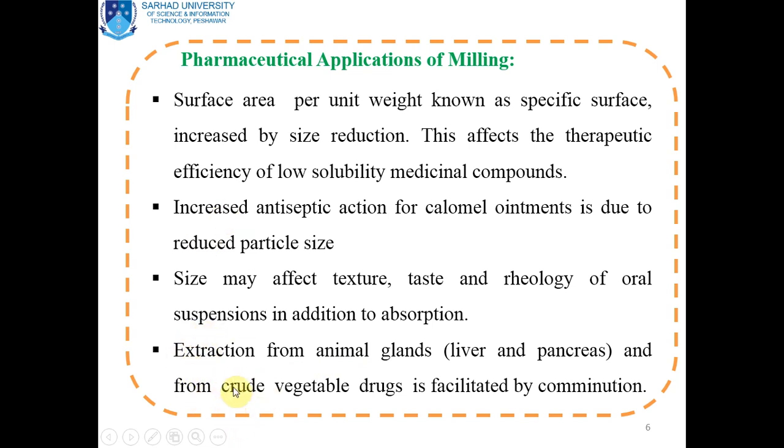Similarly, in the case of crude vegetable drugs, if you want to extract some of the contents and the milling process is done for that crude vegetable drug, then extraction will be easy and enhanced.